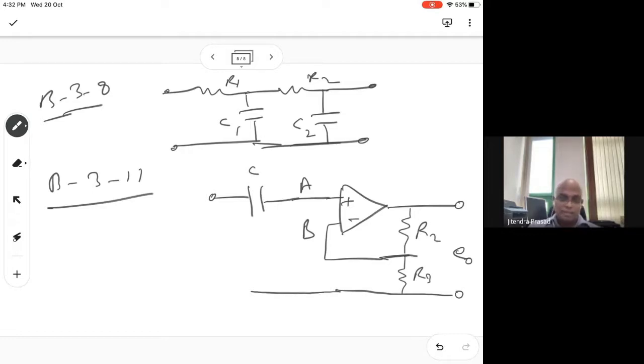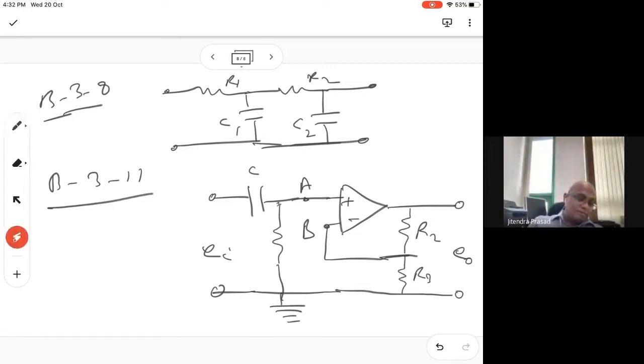Okay, so this A is written, this B here is written, and between A and B there is another resistance which is coming here, and there is an earthing here, so this is EI, this is E out. Okay, so how to solve it?